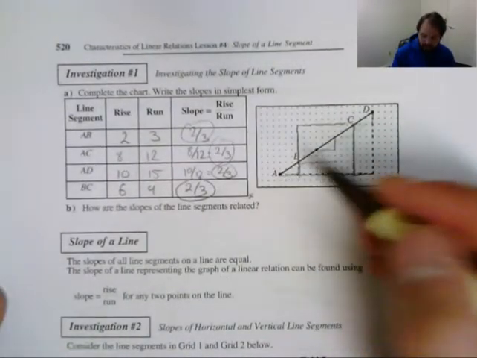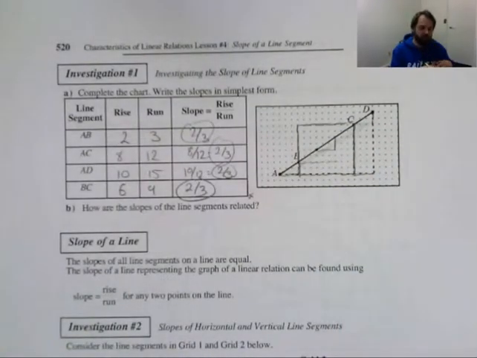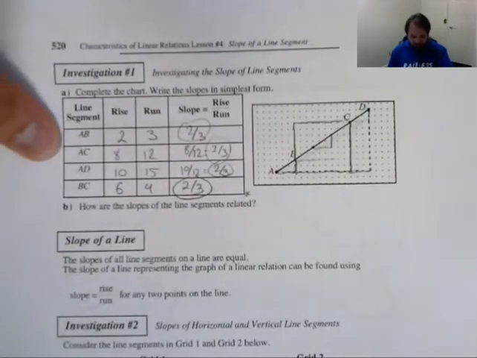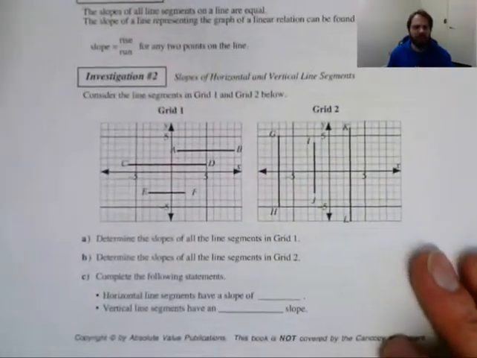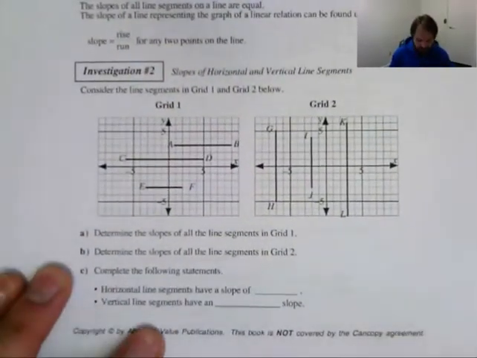So the relationship between the amount you get paid as a result of the amount of hours you worked should be the same. Okay? So this next part here, we're looking at certain other lines for this investigation.